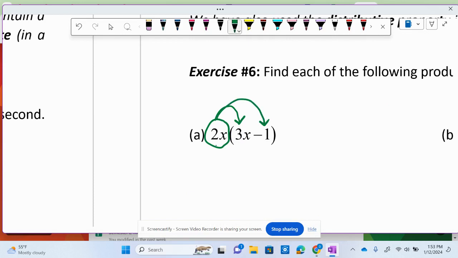I take one term and I multiply it or distribute it through the parenthesis. So 2 times 3 is, and x times x is, perfect. And 2x times a negative 1. Well, 2 times negative 1 is negative 2, so it's negative 2x.